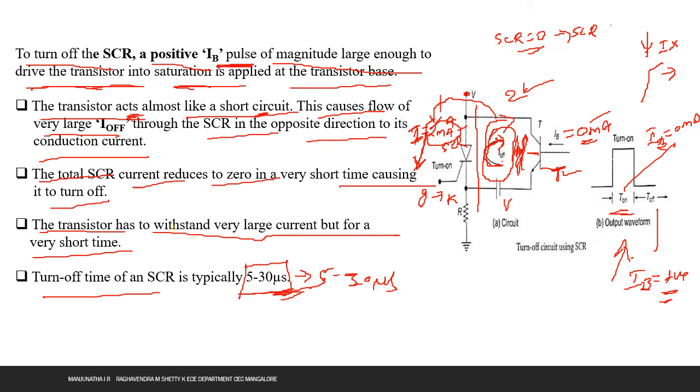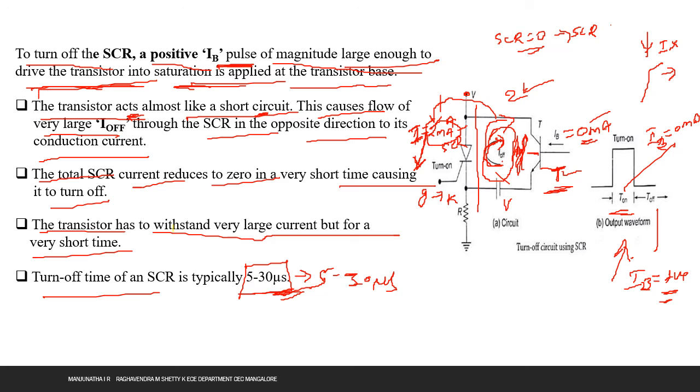We should give IB large enough to drive the transistor into saturation, so the transistor is in saturation mode. The turn on and turn off happen in a very short time.